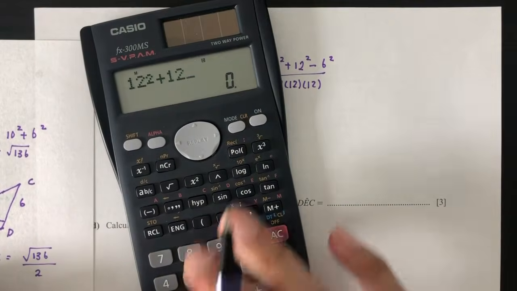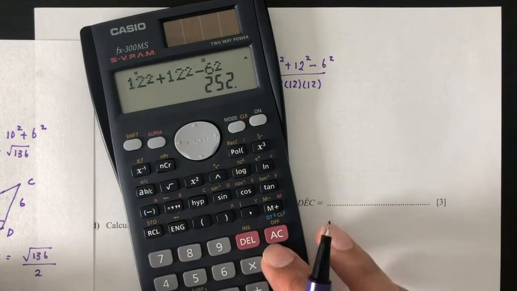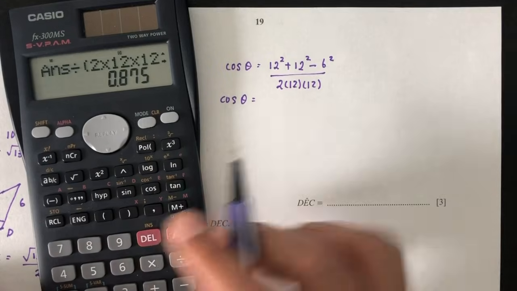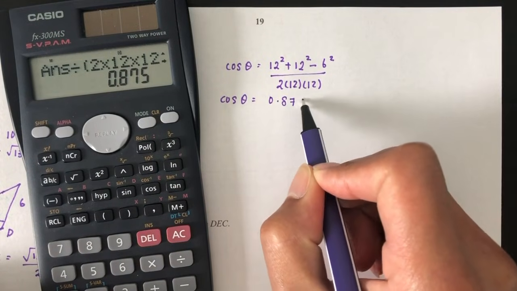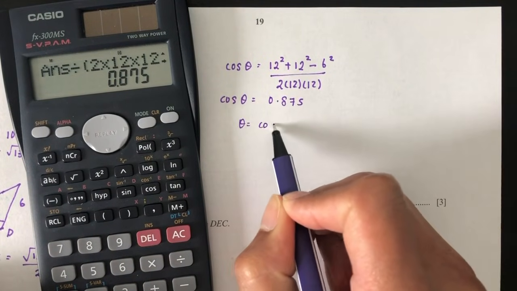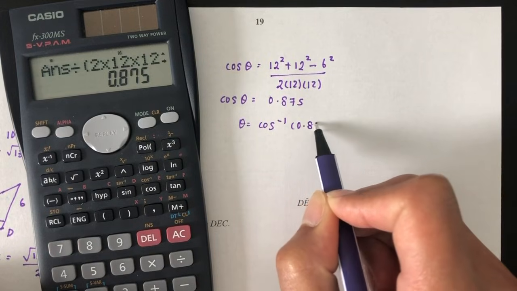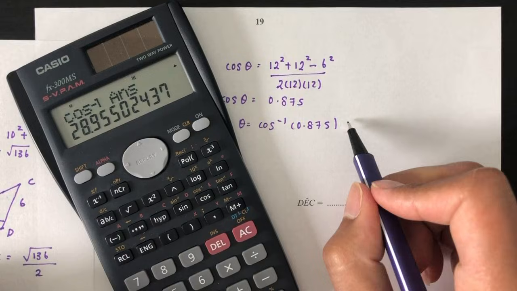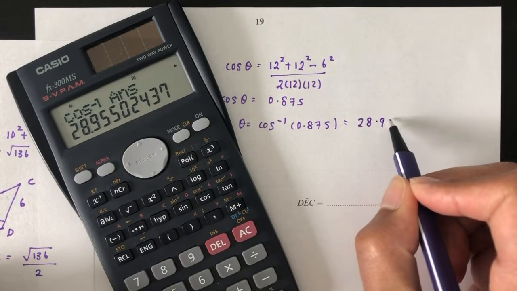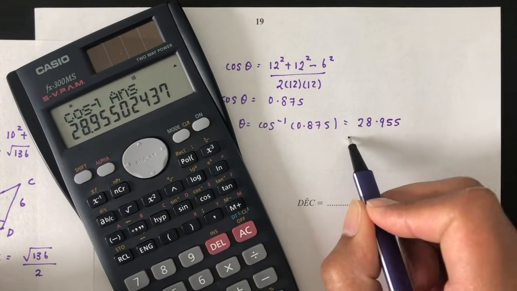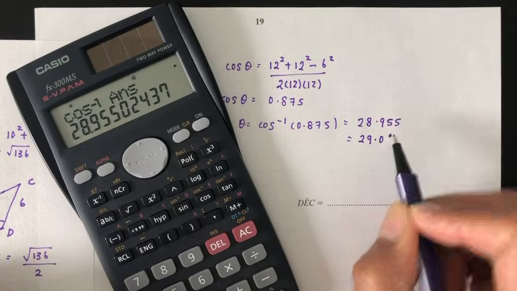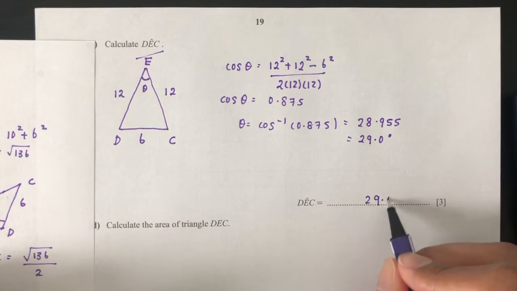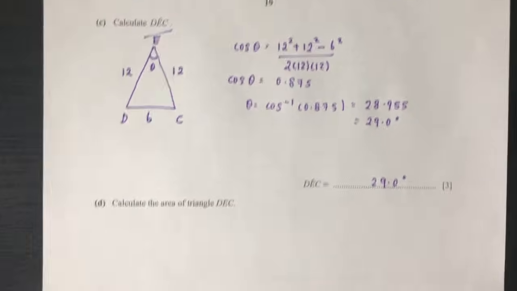That will be 0.875. Theta will be cos inverse 0.875, that will be 28.955, which is 29.0 degrees. Angle theta here will be 29.0, correct to 3SF.